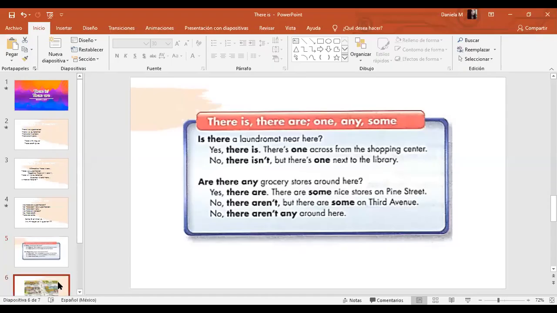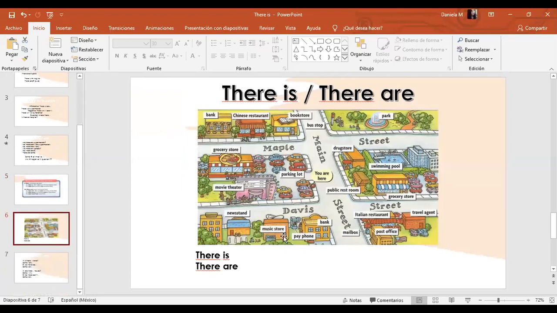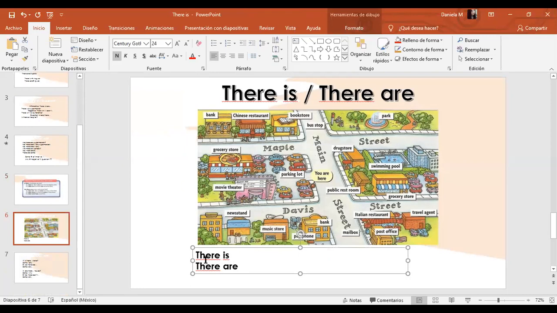Good. Now let's practice a bit. Look at this map. We're gonna practice there is and there are. If I ask you information about, for example, restaurants, what would you use? There is or there are?